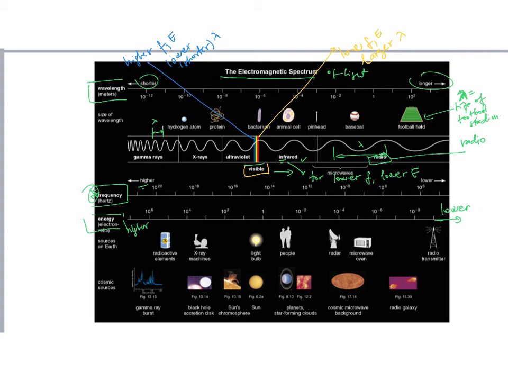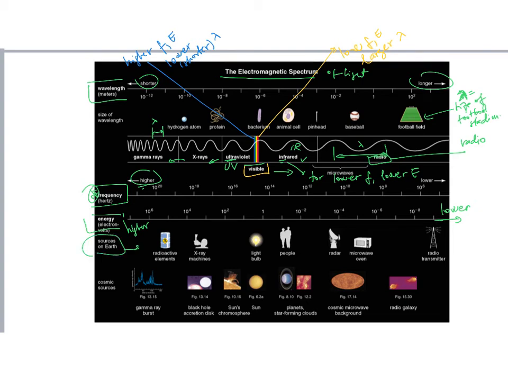Now if you go in the opposite direction, so let's see, shorter wavelength than the visible is ultraviolet or UV, okay? Infrared is usually called IR. So shorter wavelength, that means higher frequency, higher energy, you go to ultraviolet, right? And then even higher, you move into X-rays, and even higher, you're gonna find the gamma rays. And this is a really nice diagram that shows you some examples of sources on Earth.